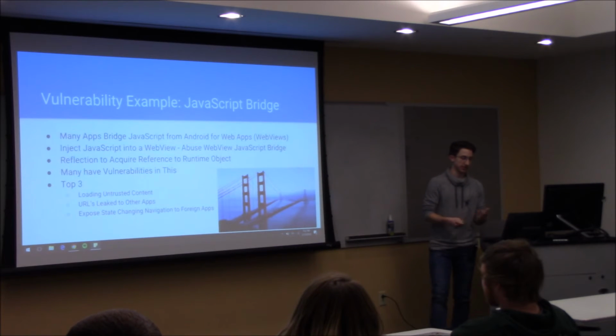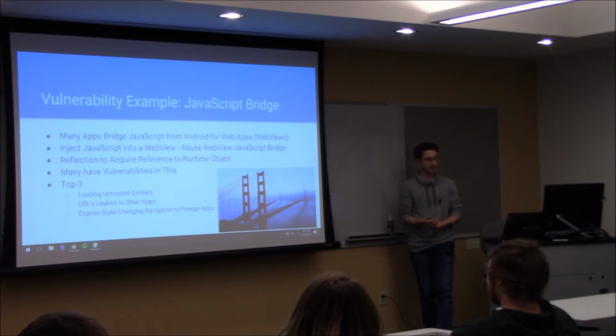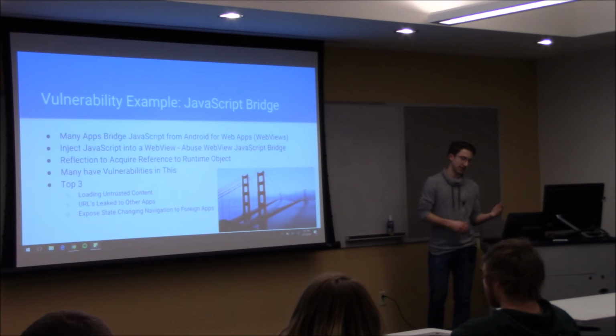This abuses the web view and JavaScript bridge between them, and uses reflection to acquire a reference to a runtime object, which gives it the information on the actual device to inject whatever they're trying to put into it. The main vulnerabilities related to this are loading untrusted content, URLs leaked to other apps because it has a reference to that object, and exposed state-changing navigation to foreign apps, which is similar to the last one and how it works.